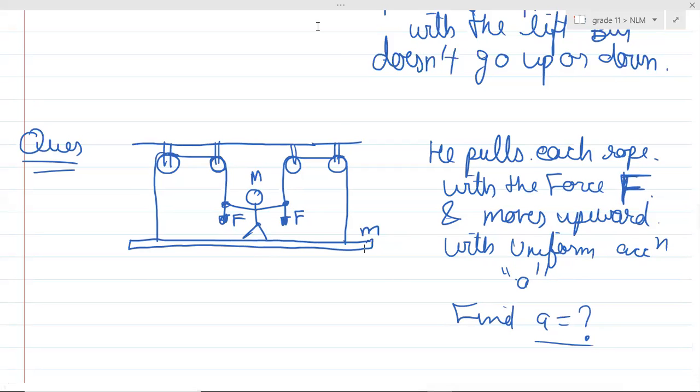Chalo, do it. How will you start with the question? FBD of man as well as the platform. That's it.